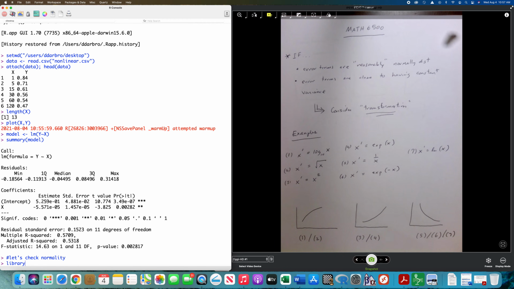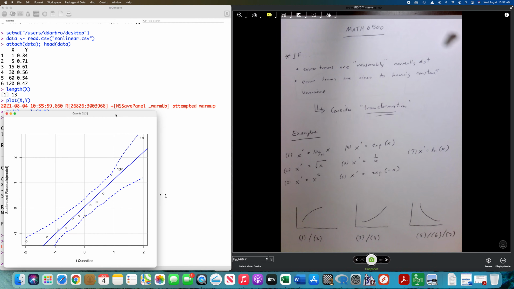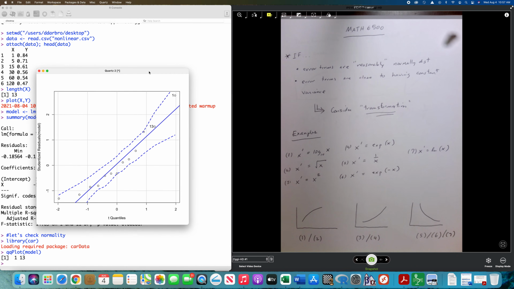Let's access the library car, and there's a really cool QQ plot function that I can do with this model. I really like this better than the demonstration I've done previously with QQ plot because it gives you the bands, and if all of the points fall within the band, then it's reasonable to assume that the normality assumption of our residuals, of our errors, is satisfied.